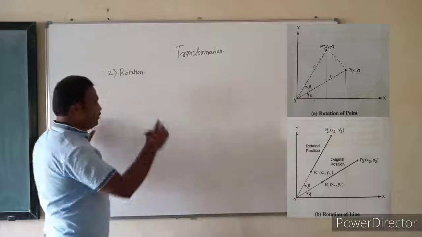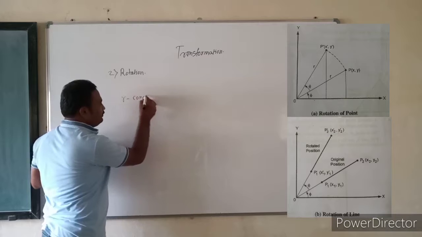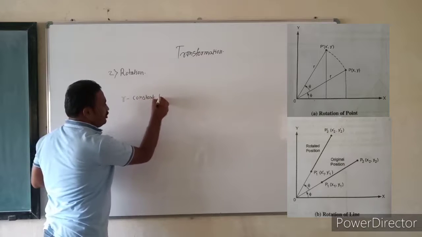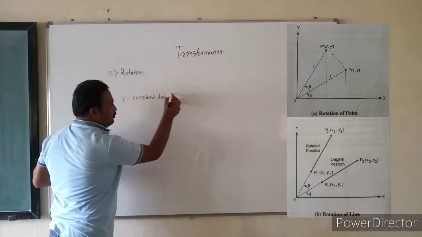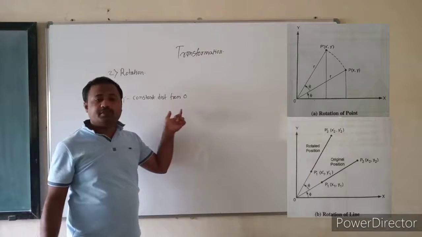In this rotation figure, r is the constant distance from O, the origin point.